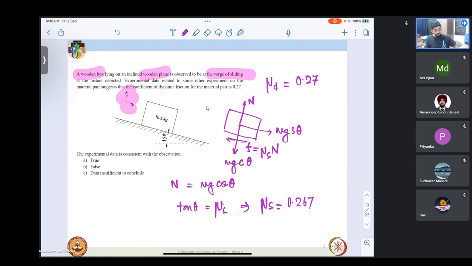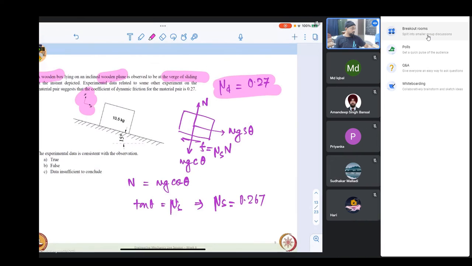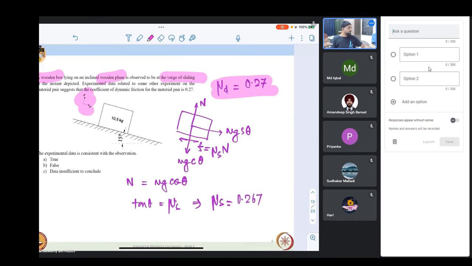Okay, and the experiment on this material pair is suggesting that actually mu d is 0.27. So would this be possible? Why don't we take a poll on this?